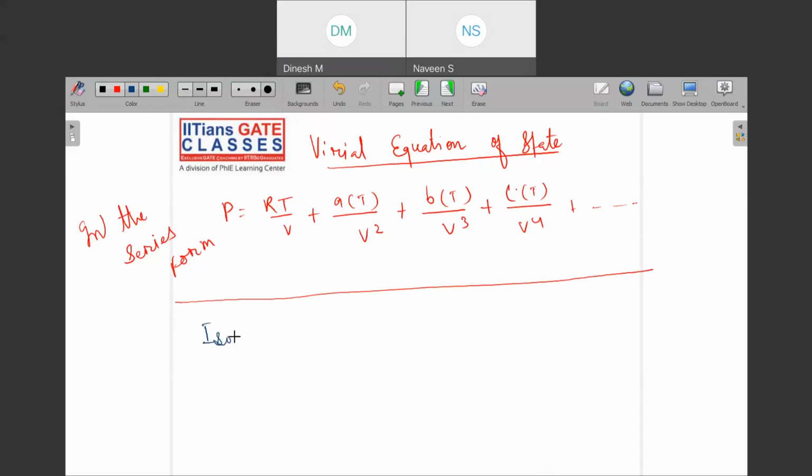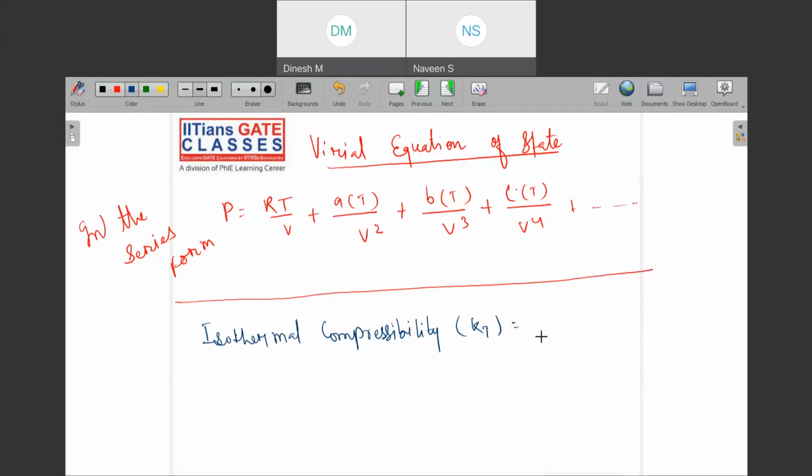One is isothermal compressibility, denoted by KT.